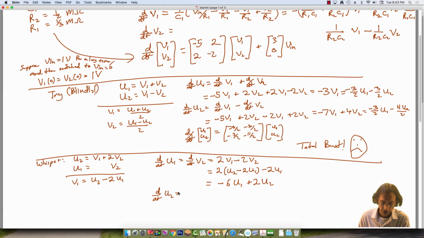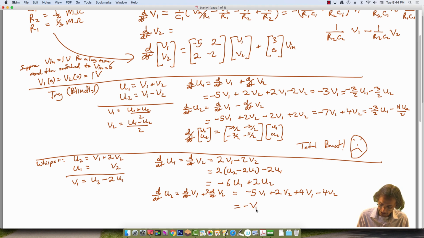Now D by dt of U2, we can again go through the math. This is D by dt V1 plus D by dt 2 V2, which we can expand out. So this is going to be minus 5 V1 plus 2 V2, now plus 4 V1, so 2 times 2, and minus 4 V2, which, let's group some terms together.